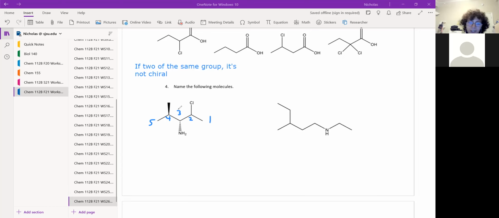How about this one? Is this a chiral center? Yep, it has an amine, an isopropyl, and then the ethyl group with the chlorine, and the hydrogen. So we can, and we have to, show the stereochemistry here, because if you're asked to name a molecule, the stereochemistry is an important part of it. If you don't put it, you'll lose points.